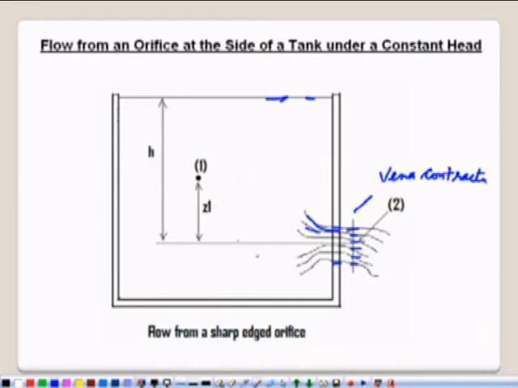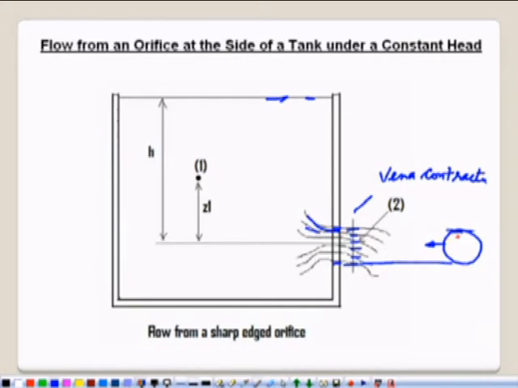In this flow passage, if we see this opening from this side, it is a circular opening, and it has a very sharp edge so that the contact between fluid and the metal is minimum.